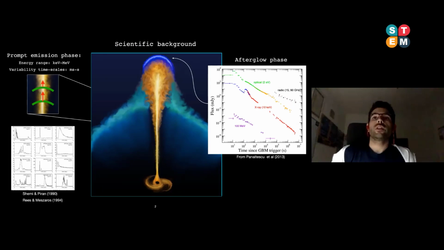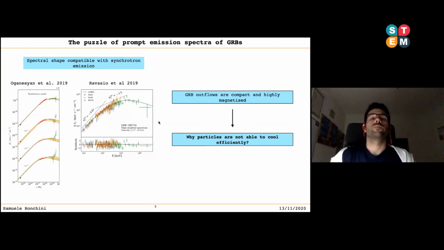Now, one of the most puzzling points of gamma ray burst physics is the origin of the prompt emission. We have to understand what is the nature of this emission, what is the physical process behind it. Recent studies have demonstrated that this emission is compatible with synchrotron emission.